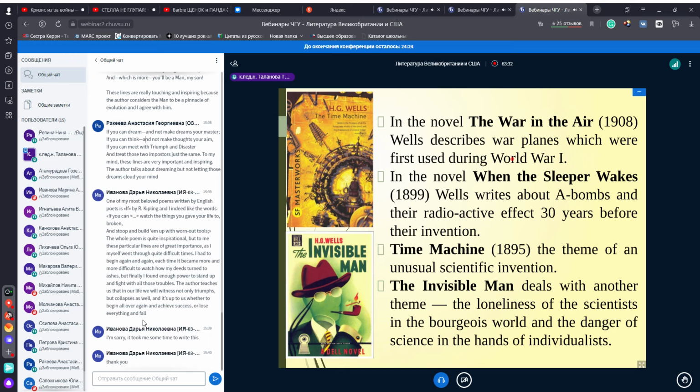For example, The Invisible Man deals with the theme of loneliness of the scientist and the danger of science in the hands of individualists. The author ponders the problem that the scientist can turn into a savage and can commit horrible crimes. And sooner or later, he becomes a murderer.